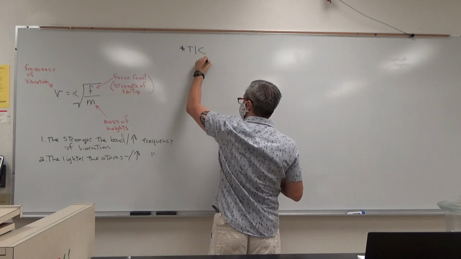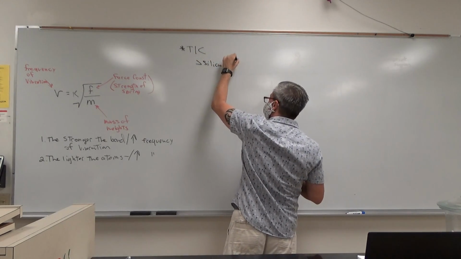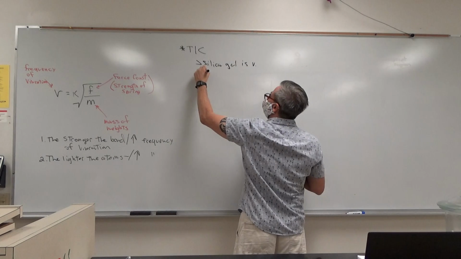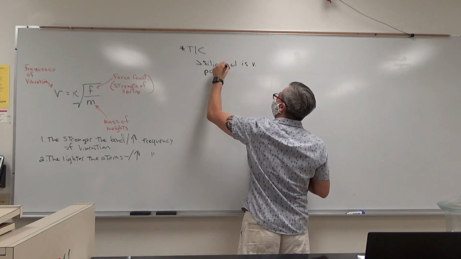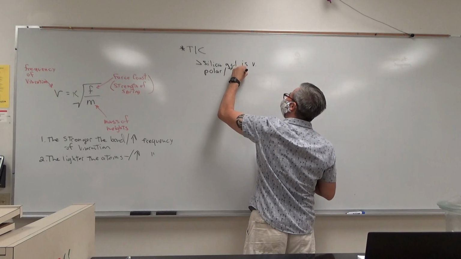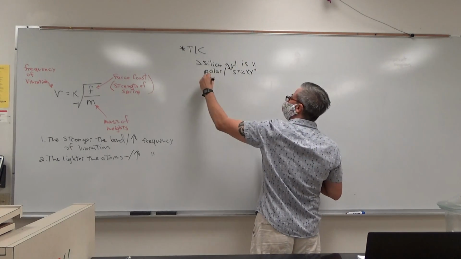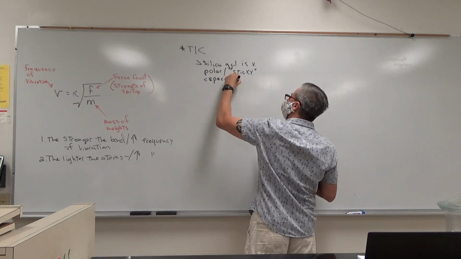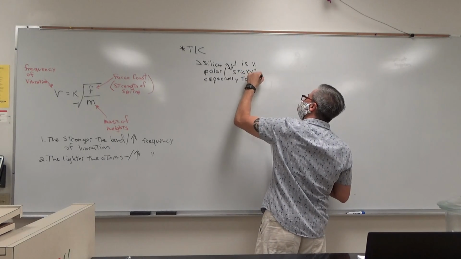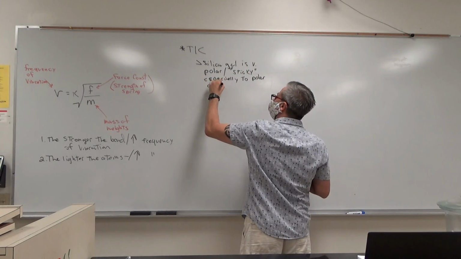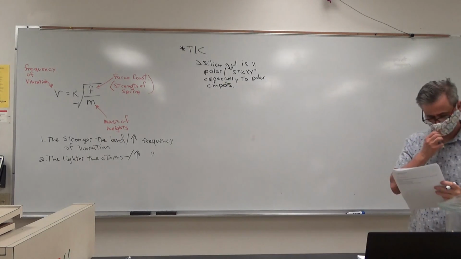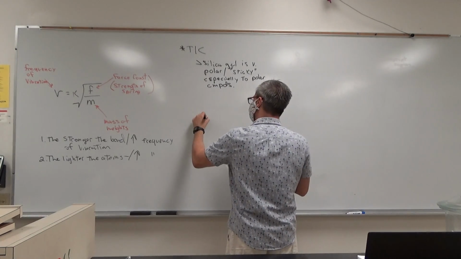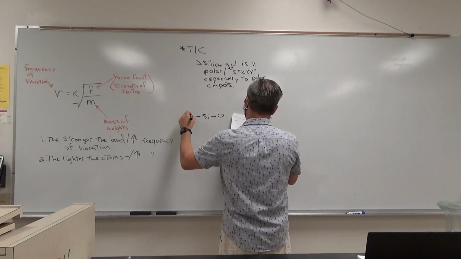So silica gel is very polar and sticky. Especially to polar compounds. The structure of silica gel is kind of a polymer lattice of silicon to oxygen bonds.